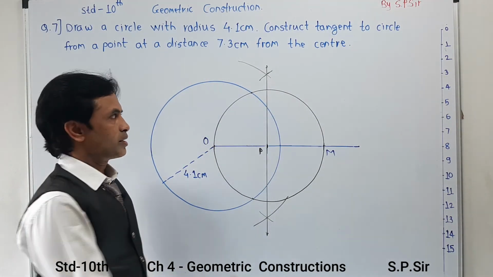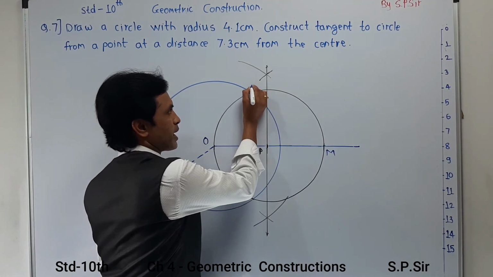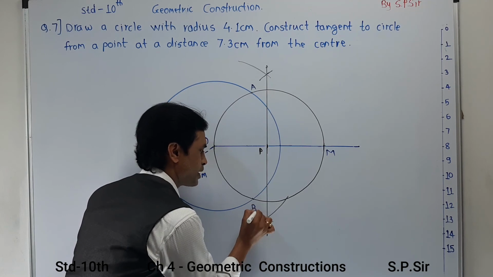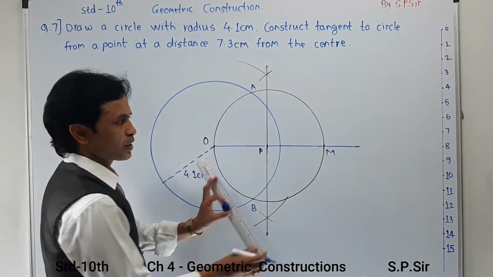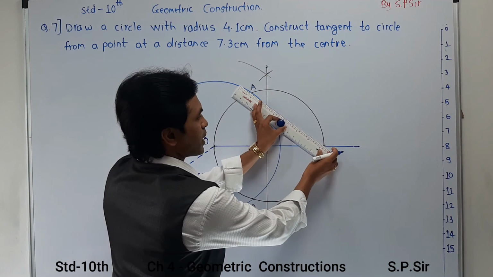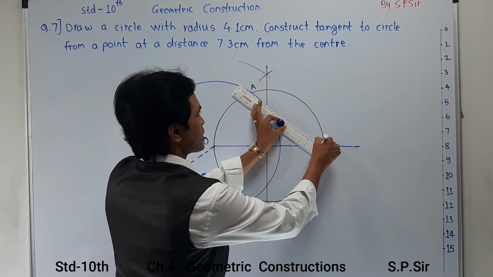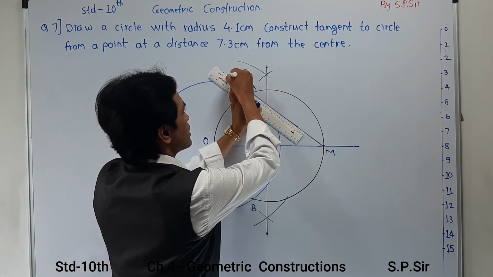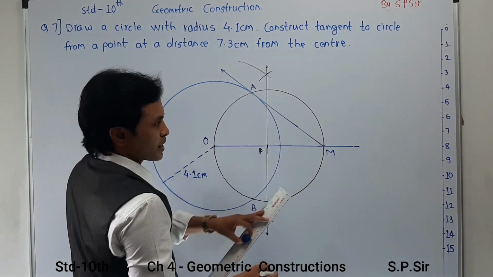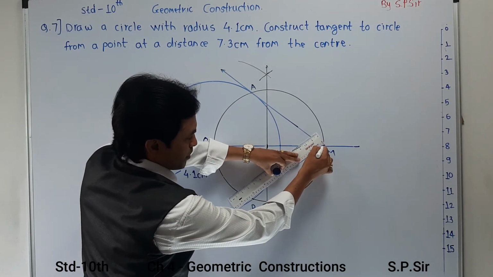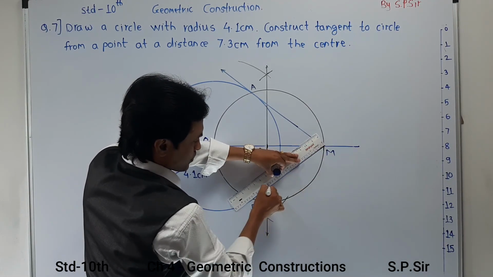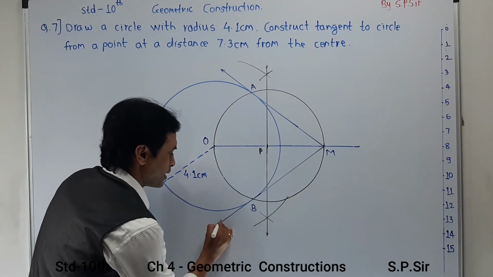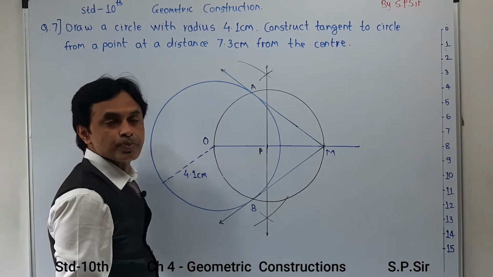Now after that, we are going to indicate this point as A and this point as B. These are the two points which get formed, and you are requested to join MA with a straight line over here, and draw a second line, which is MB. And these are the two tangents expected by them.